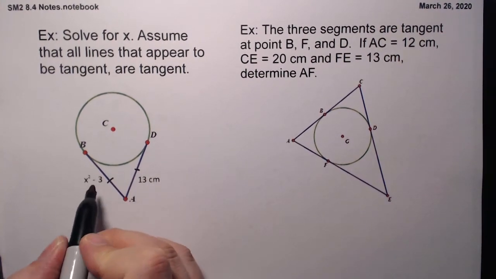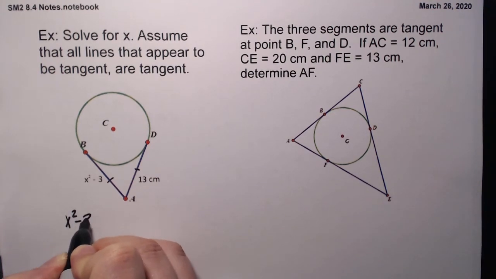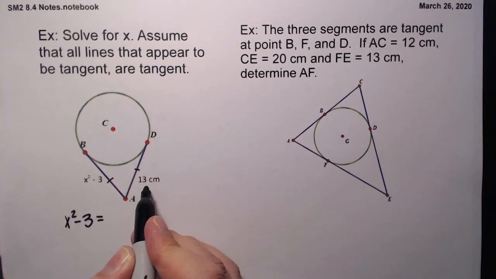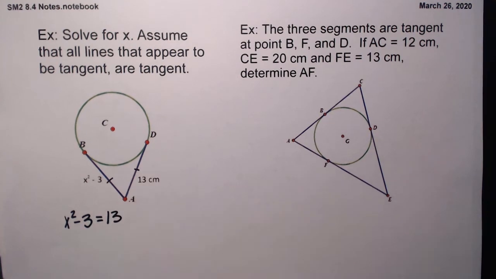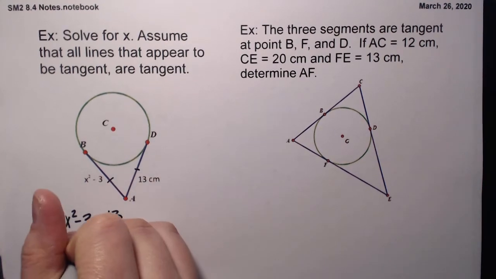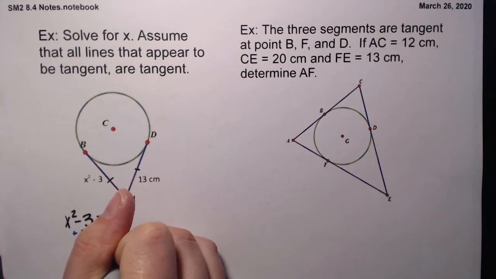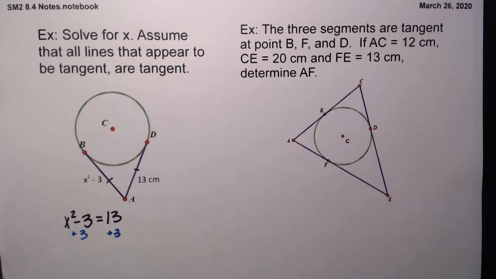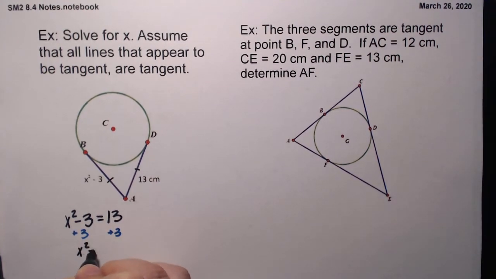I have x squared minus 3 has to equal 13. I'm going to add 3 to both sides, because that undoes the minus 3, and I get x squared is equal to 16.